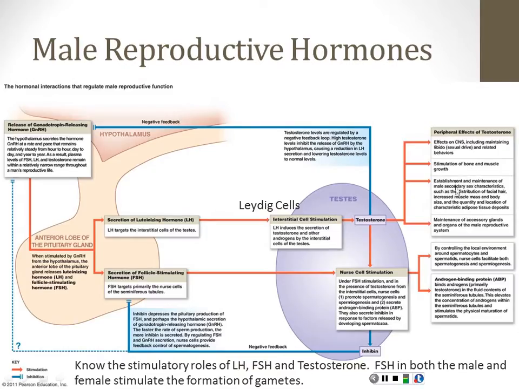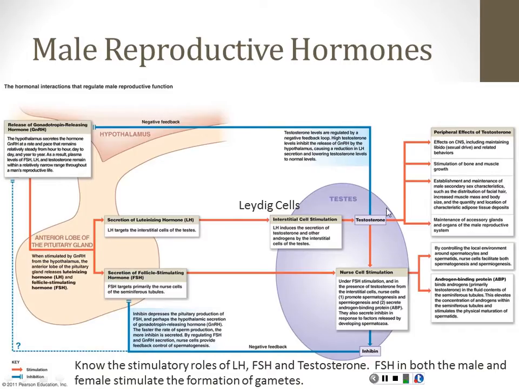Testosterone causes the male's secondary sexual characteristics. So this is things like fat distribution, body hair distribution, vocal tone, and hair patterns, as many of your fathers probably know, start to lose some of the hair at the top.